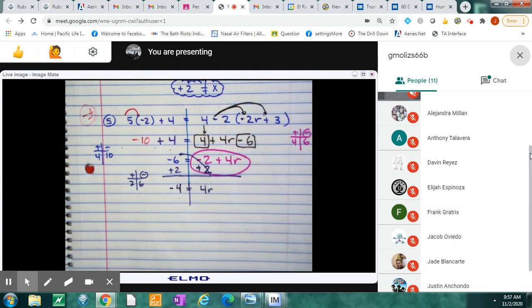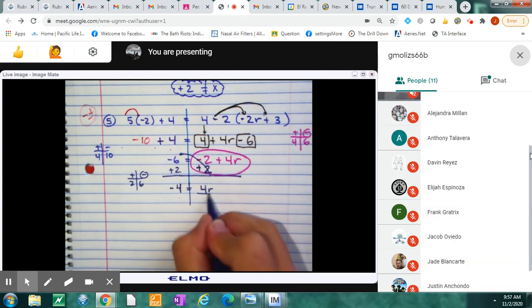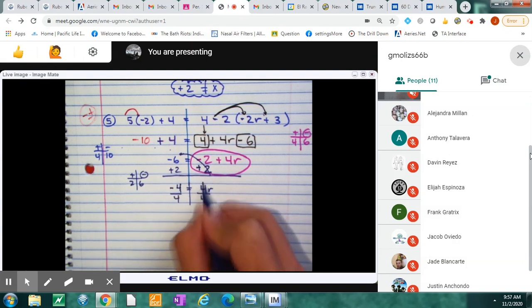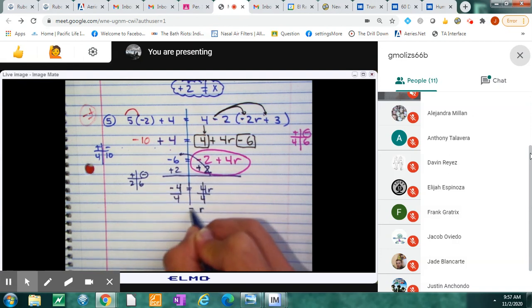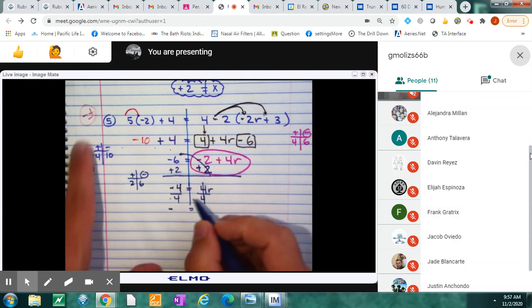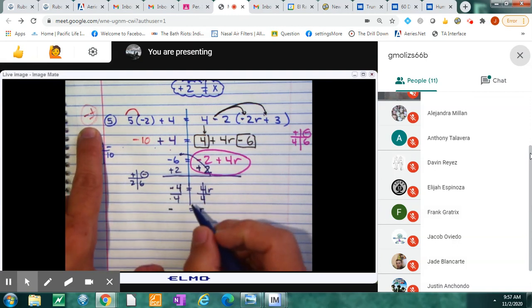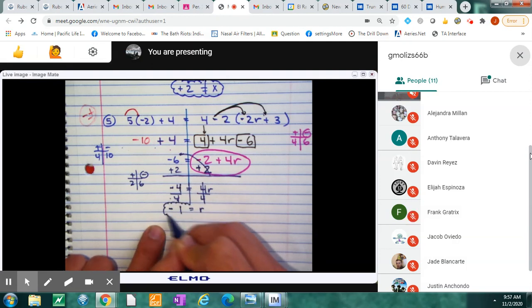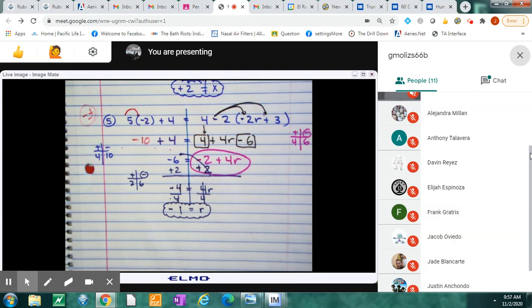So now you have to divide them by 4. Divide by 4 because that's a 4. And then your r is negative divided by positive is negative, right? If you use the little empty man. And 4 divided by 4 is, what's 4 divided by 4, guys? 1. Right, 1. Okay? And that's it.